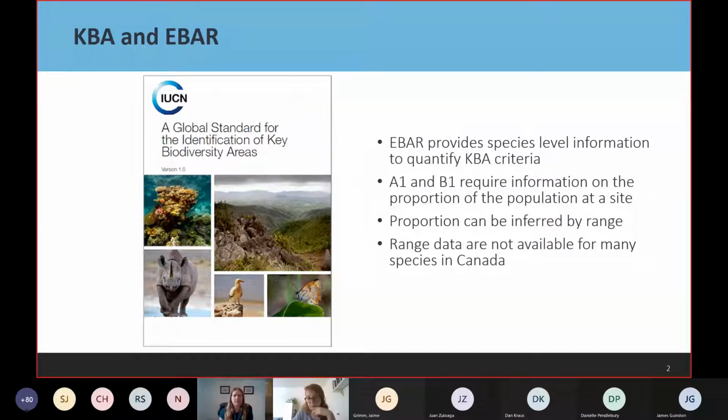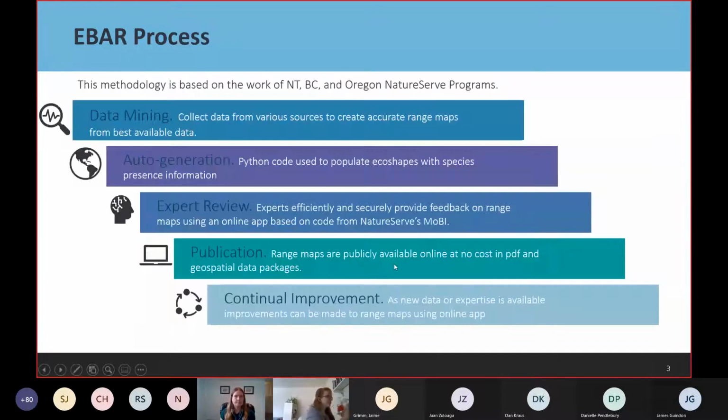Specifically, A1 and B1 require information on the proportion of a population at a site, and proportion can be inferred by range. However, range data is not available for many species in Canada, so we're able to fill that gap, not only for the KBA project, but also the greater conservation community in Canada.